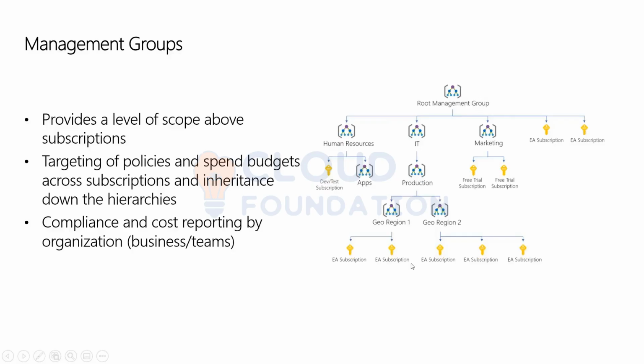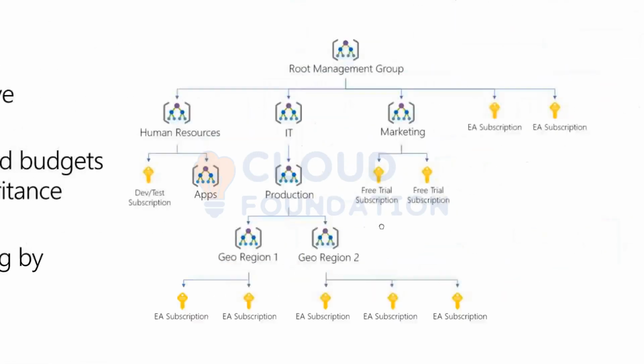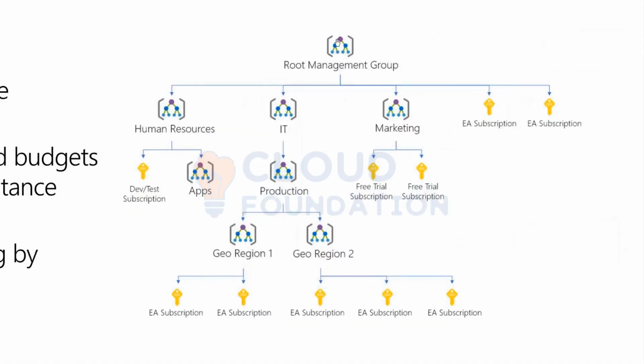If you see the diagram on your right hand side, the topmost entity is the root management group. Within that, you will have your sub-management groups, human resources, apps, production. Even geographically, we can have management groups. Within that, you can have your respective subscriptions.